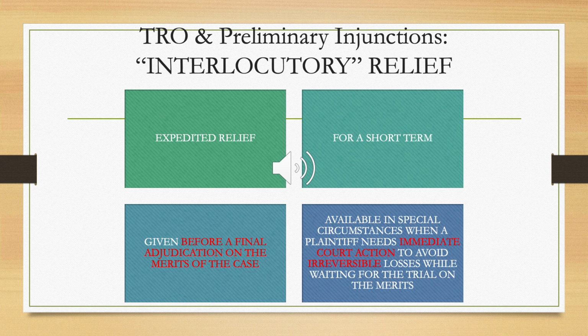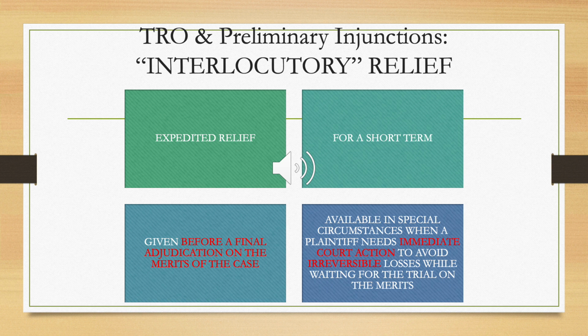Let's start with what we call interlocutory relief. There are two forms of interlocutory relief. The first is the temporary restraining order we've discussed, and the second is the preliminary injunction. They're interlocutory in that they take place prior to a full trial on the merits.